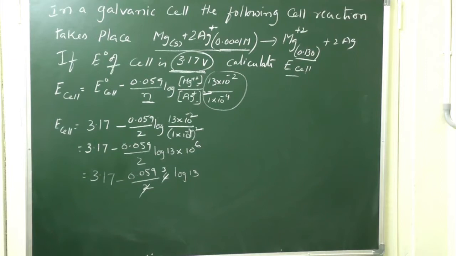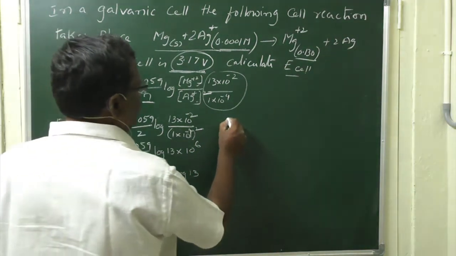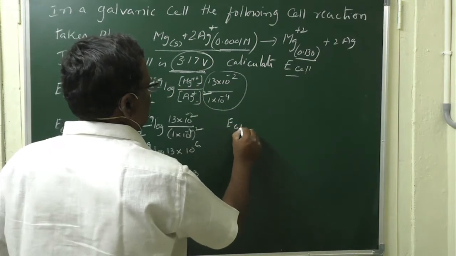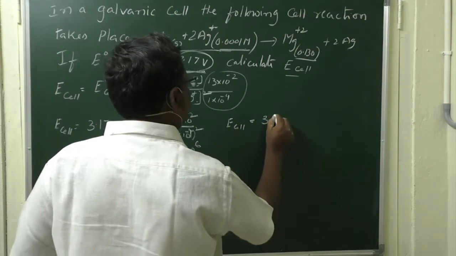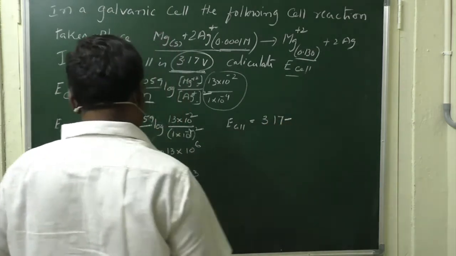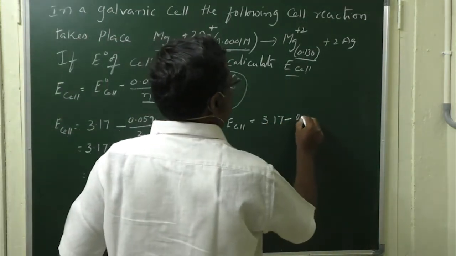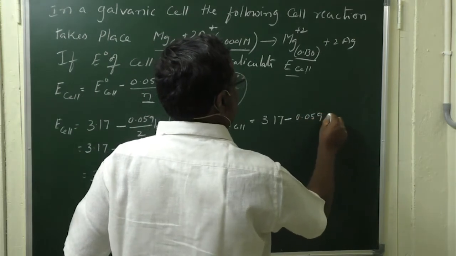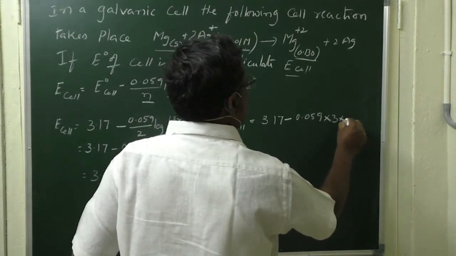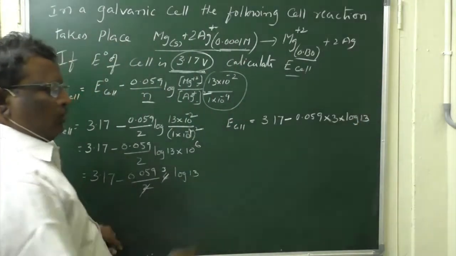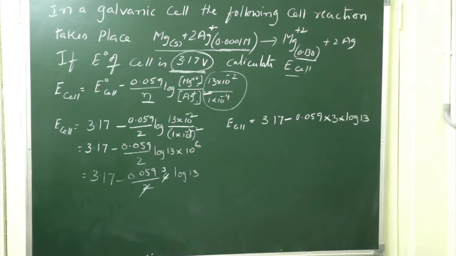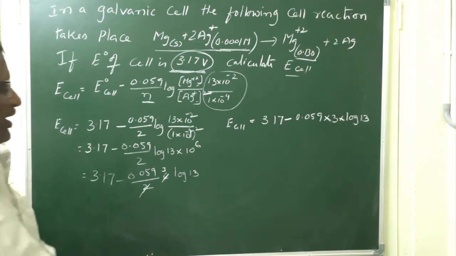So on simplifying, we will get E of cell is equal to the EMF at standard conditions 3.17 minus 0.059 into 3 into log 13. Now log 13 value you have to verify from the log tables. It will be 1.1139.